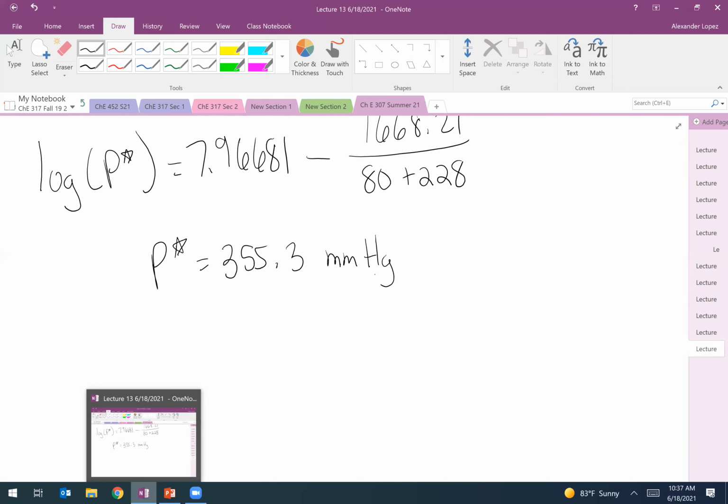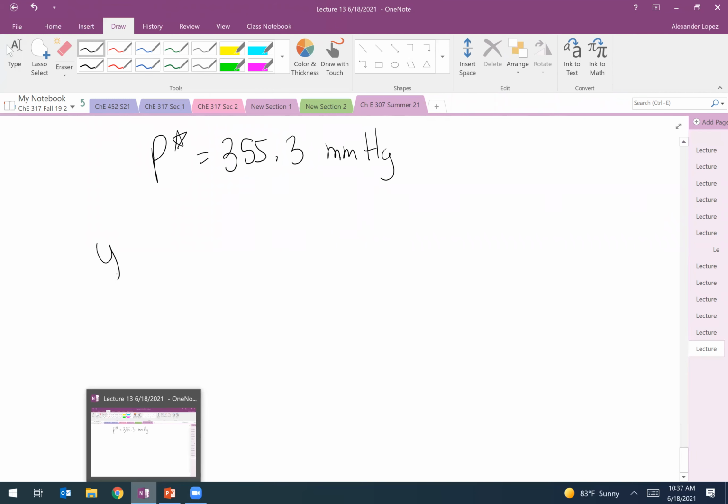So to find my mole fraction of water in air, it's simply 355.3 millimeters of mercury over the total system pressure, which hasn't changed. It's still, what is it? 5,200 millimeters of mercury.